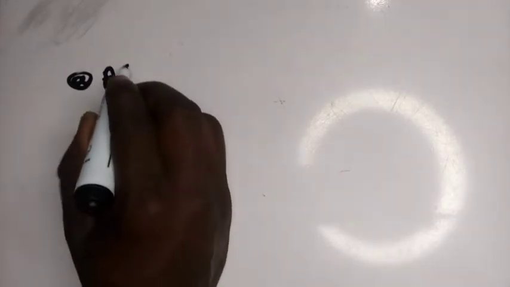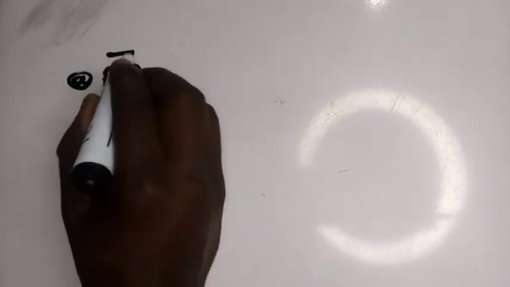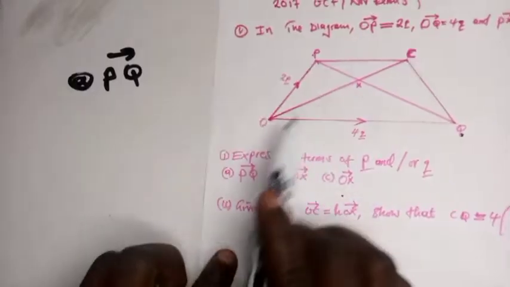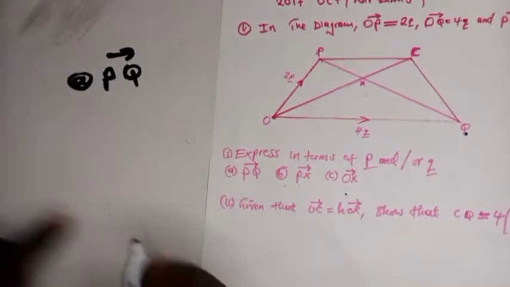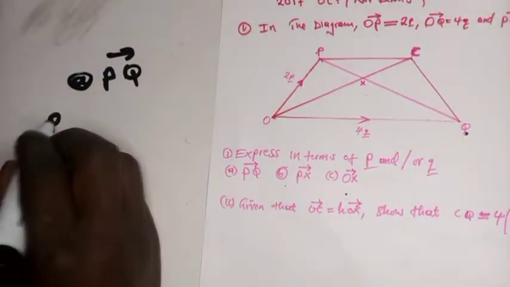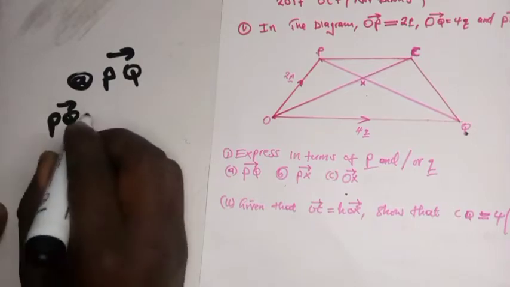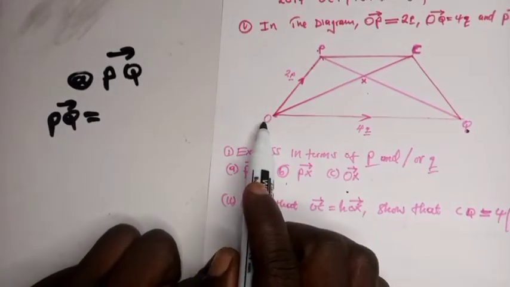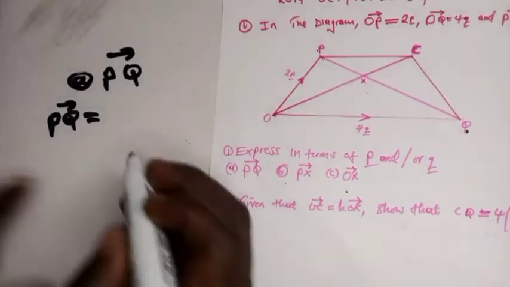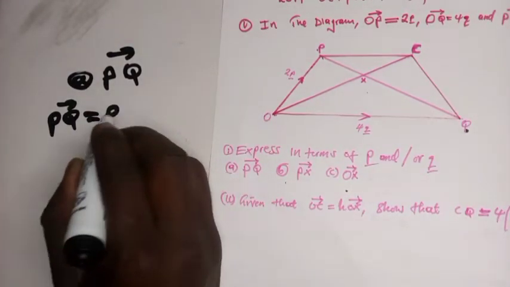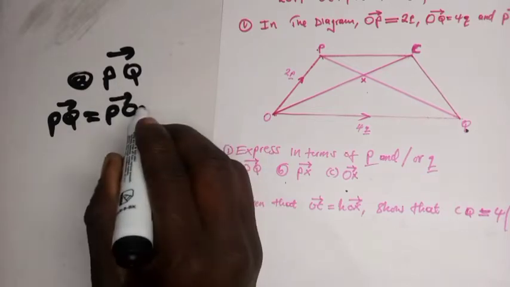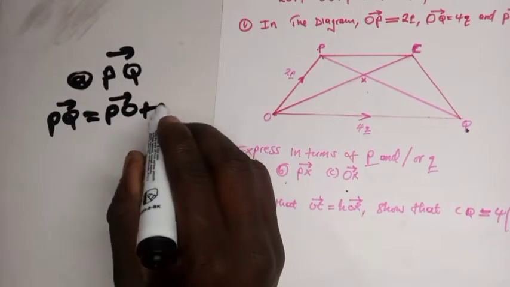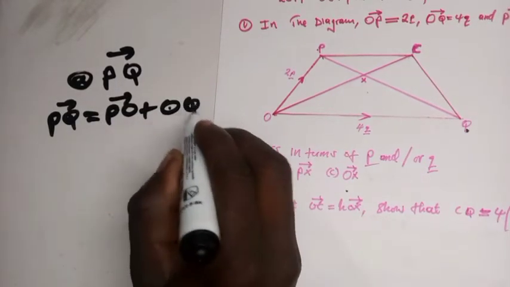The solution of A, we are asked to find PQ. So let's find PQ. PQ is equal to PO plus OQ, vector PO plus OQ.